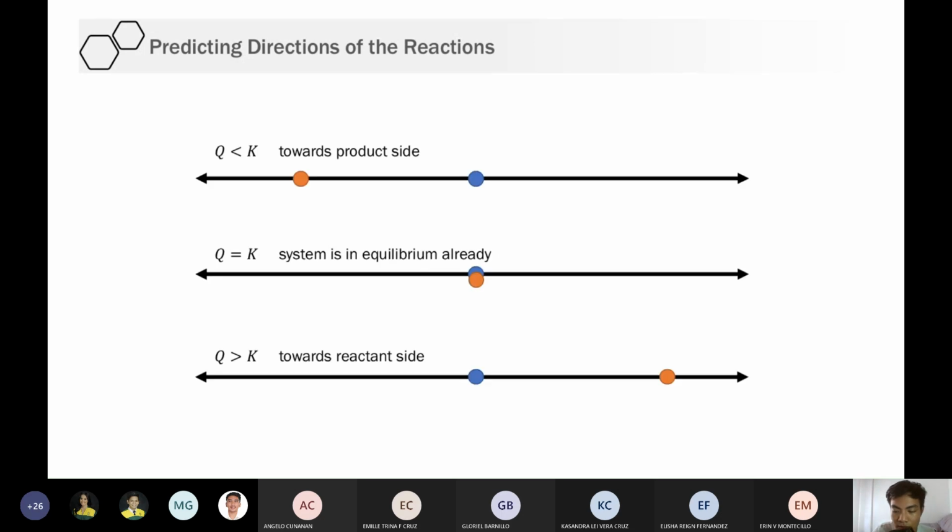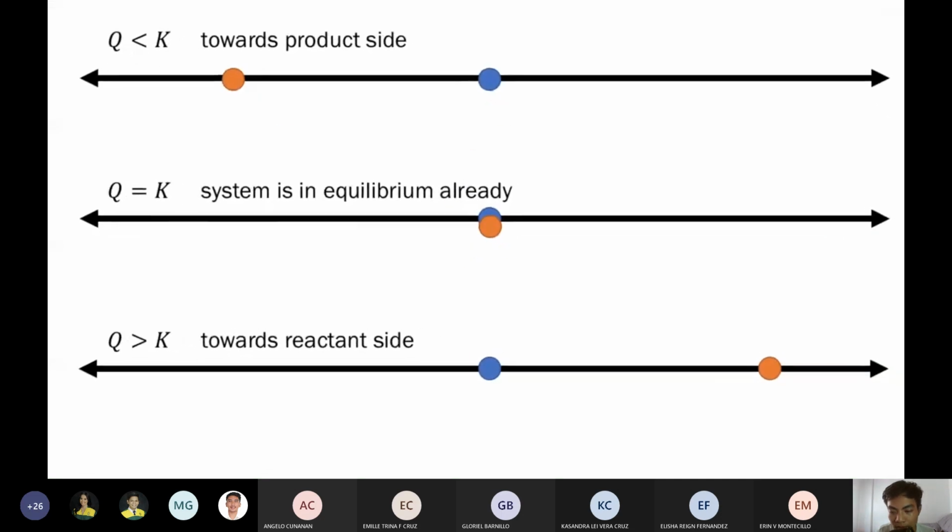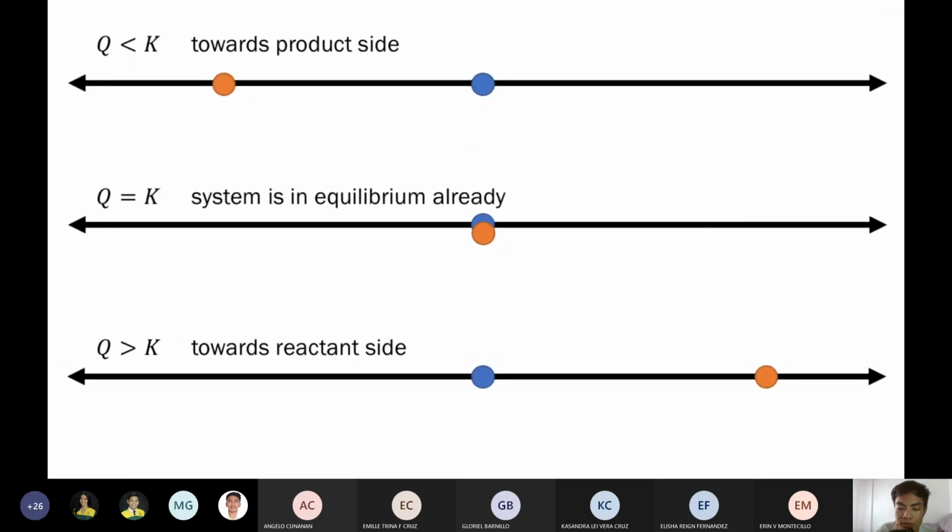Okay? So I use the number line to visualize the direction of the reaction. So kunwari ito. If your Q is less than the K, then sabi nun, towards the product side yung pag-move ng reaction. It will produce products, no? So, paano ko makakabisado yan?